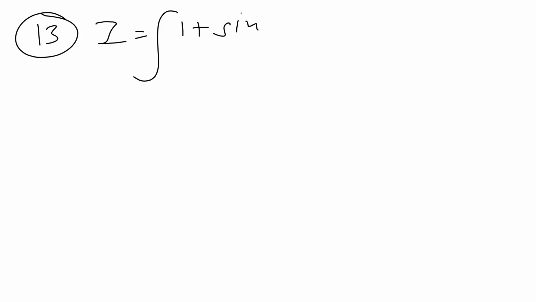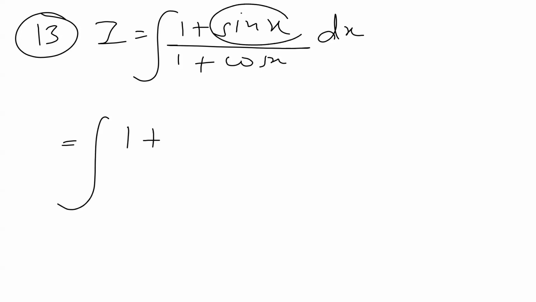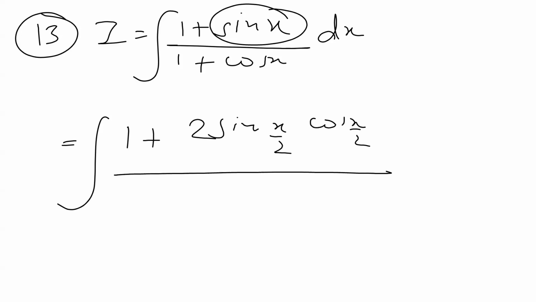So the next problem is question number 13. Integration of 1 plus sin x upon 1 plus cos x dx. Now this sin x, I'll just write it as 2 sin x by 2 cos x by 2. Okay, and 1 plus cos x is 2 cos square x by 2.